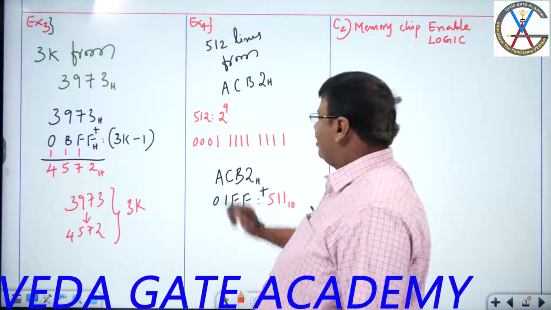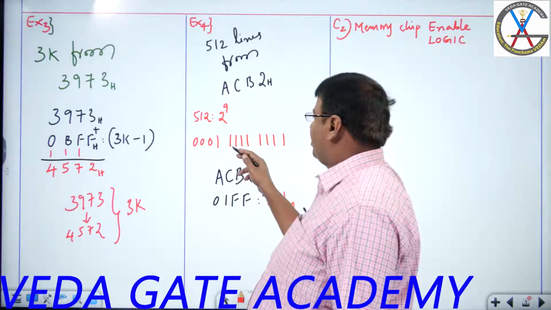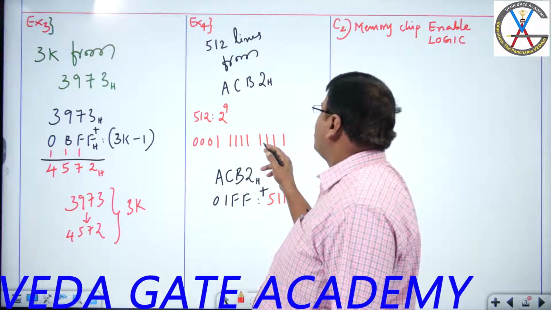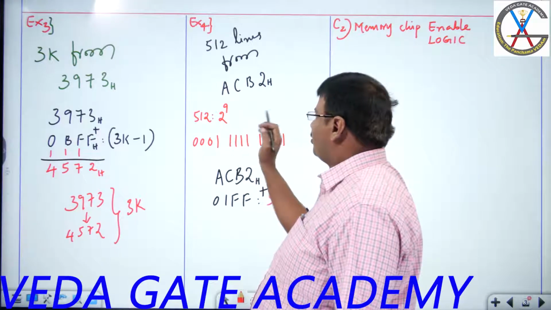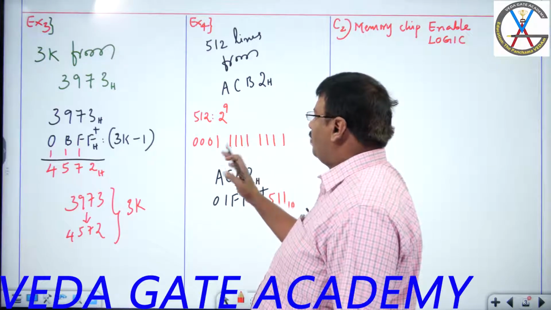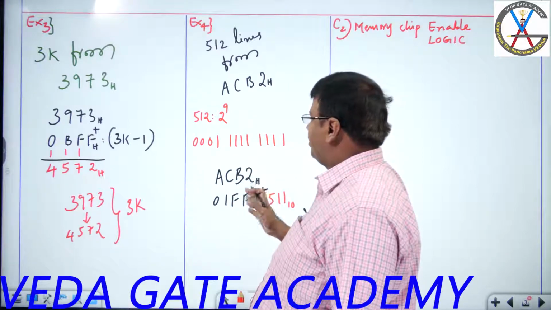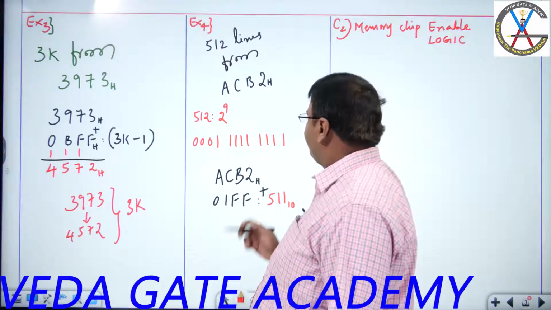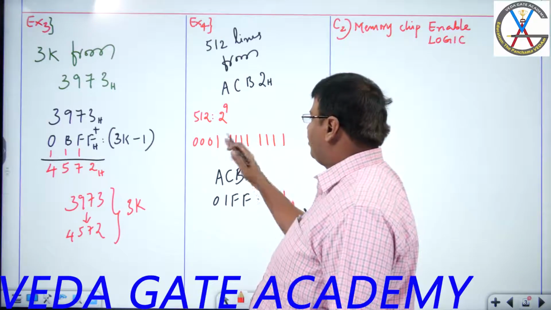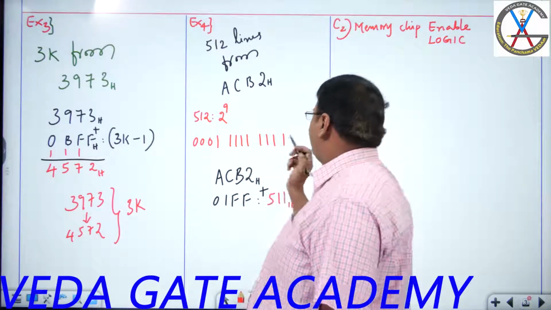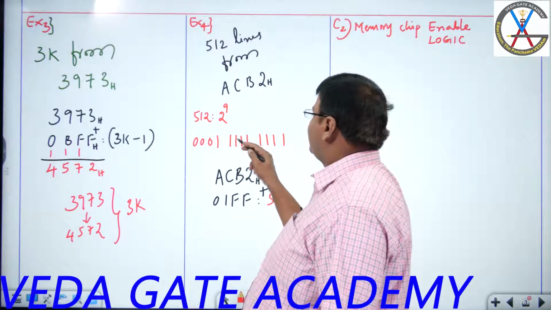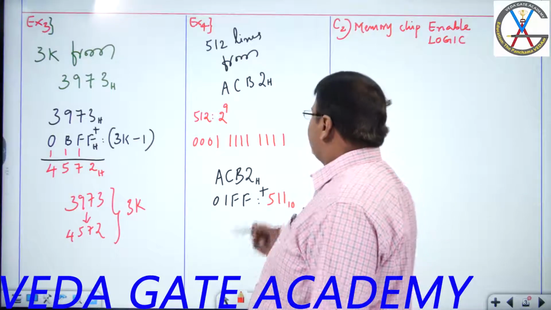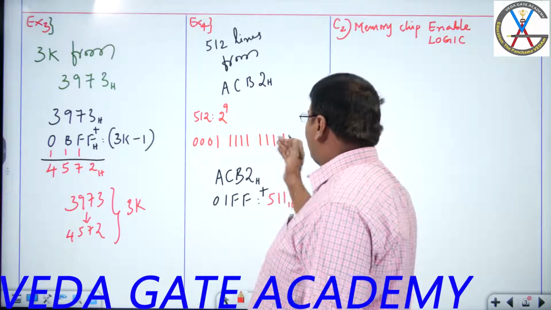So if I go to the next line, it is 512. 2 power 8 is 0 to 0F, 1 to 1F, 2 to 2F, 3 to 3F, like how we end. So 1FF is 511. If you add all together, it is 511. So 1, 2, 4, 8, 16, 32, 64, 128, 256, 512. The next line is 512. So if I add all together, it is 511.